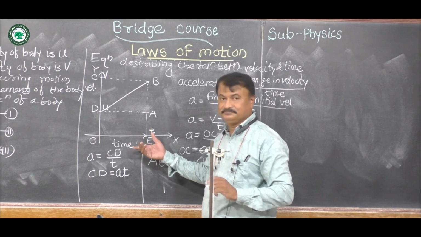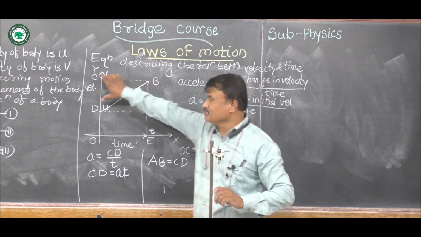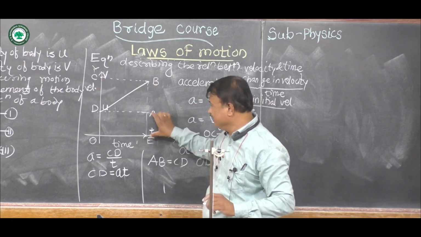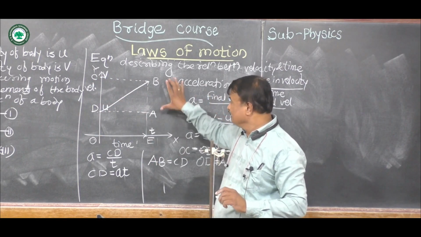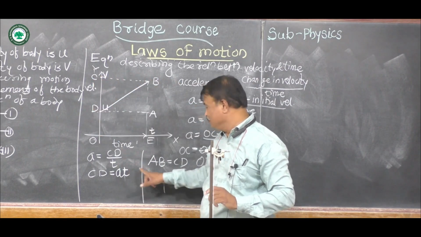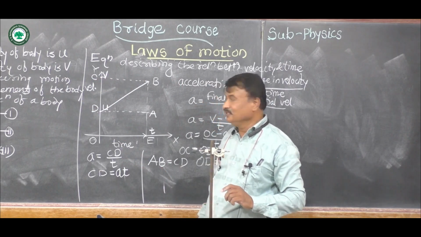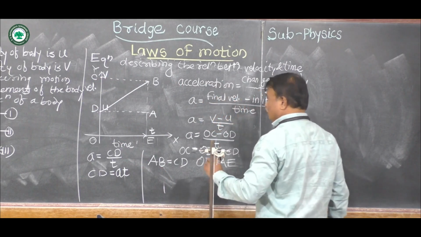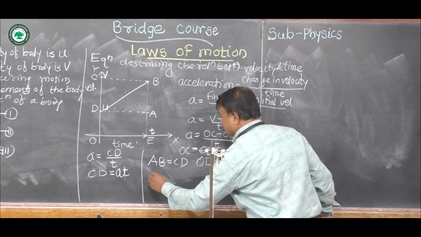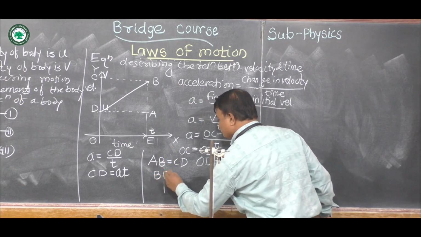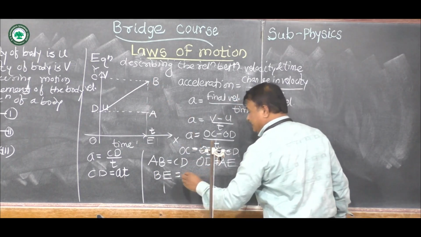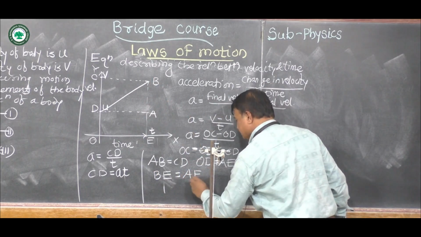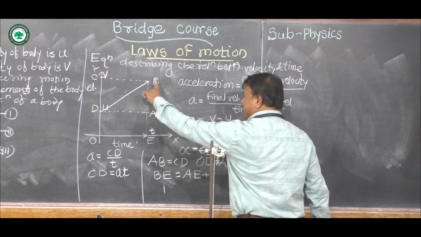From the diagram, AB is equal to CD, AE equal to OD. OD distance is equal to u, AB distance is equal to at by using this relation. Then distance BE is equal to AE plus AB.